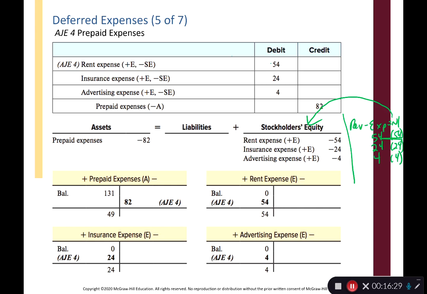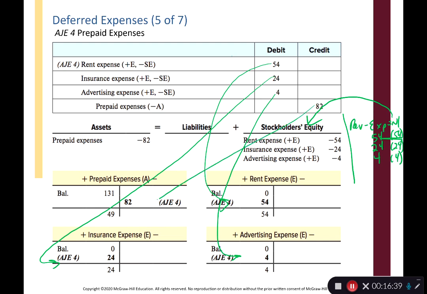So we have our rent expense, our insurance expense, and our advertising expense all going up, and then our prepaid going down. So when all is said and done, the adjusted balance in the prepaid account is $49. That means that we still have $49 remaining of future benefit, which we'll use up or expense in the next quarter.